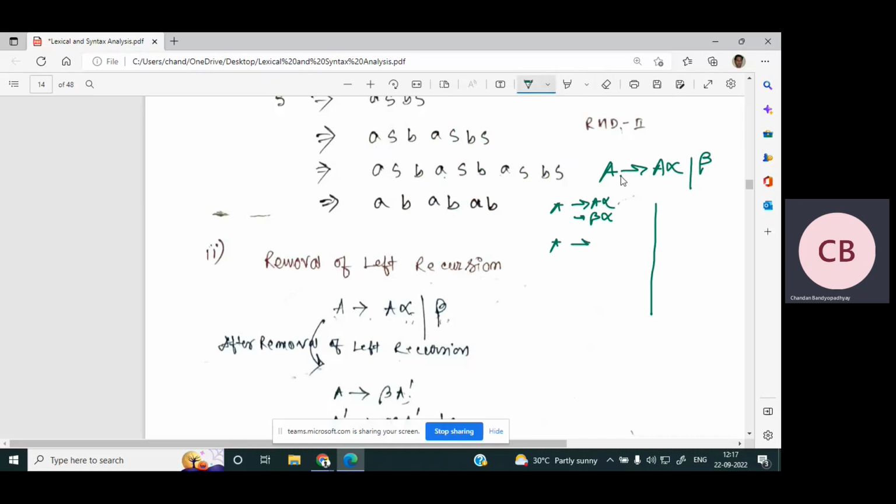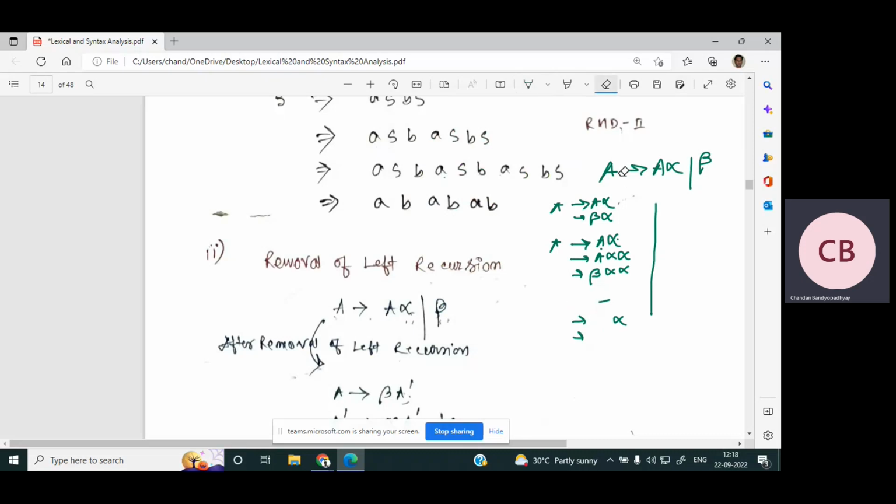Or if I am starting with A generates A alpha, then if I am expanding this capital A with again A alpha, this alpha will come. And if I am putting beta instead of A, then beta alpha alpha can be a string. Or even if I am taking A to A alpha, A is here.